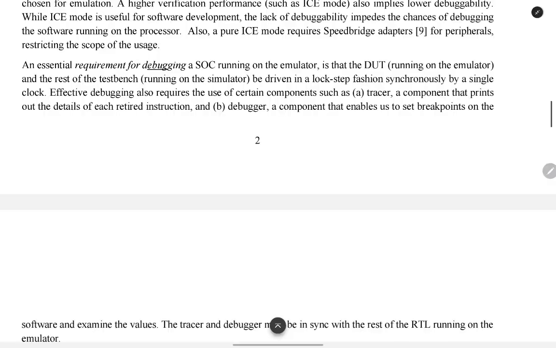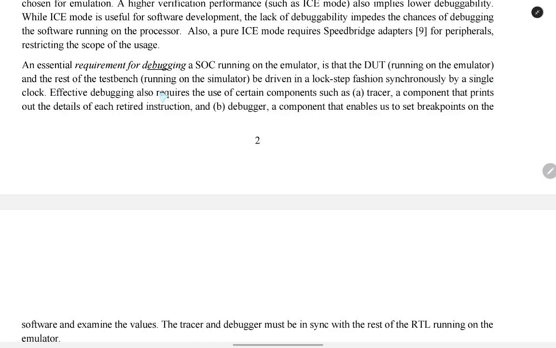So, an essential requirement for debugging an SoC running on the emulator is that the DUT running on the emulator and the rest of the test bench running on the simulator be driven in a lockstep fashion, synchronously by a single clock.